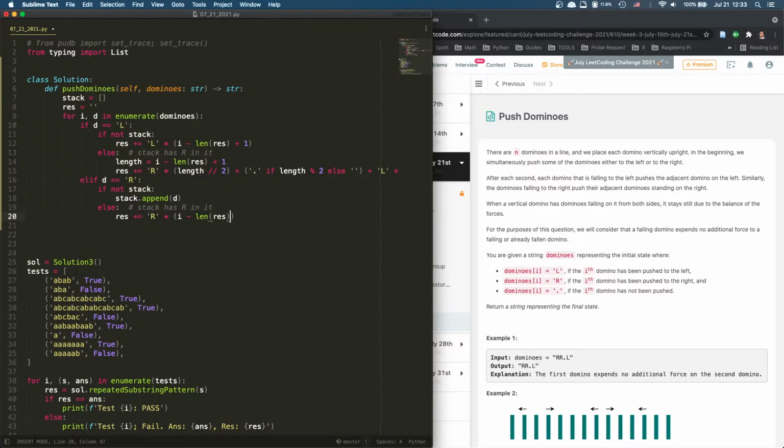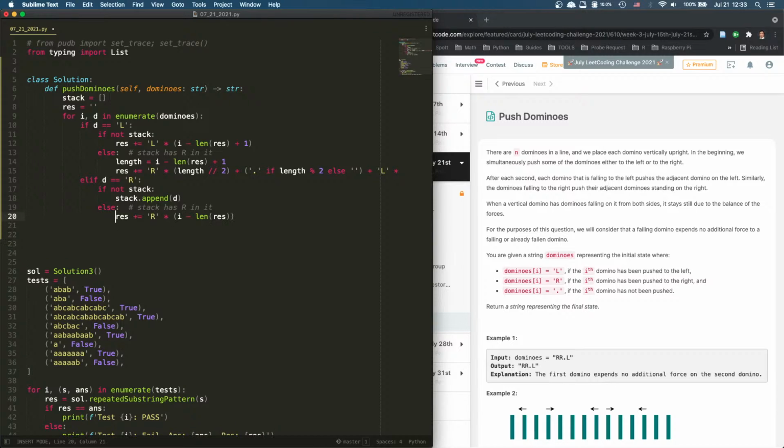Well, we don't plus 1 though, because we have R, and now we have a new R coming. Now i is pointing to the new R, and i minus len plus 1 is the new R to the end of the rest. We have that, so we have to do minus 1. So I think it's just this.